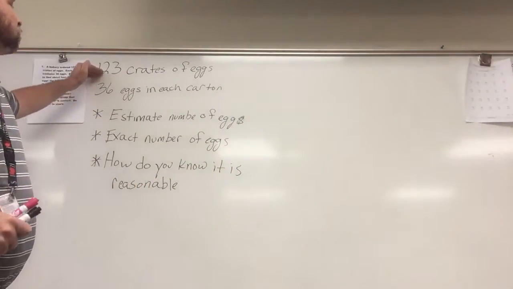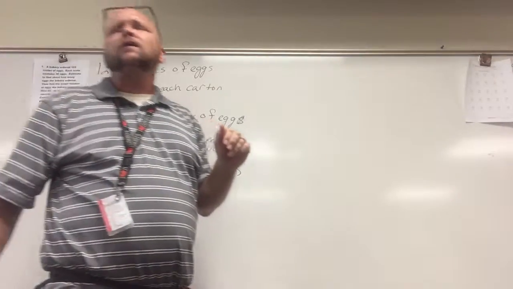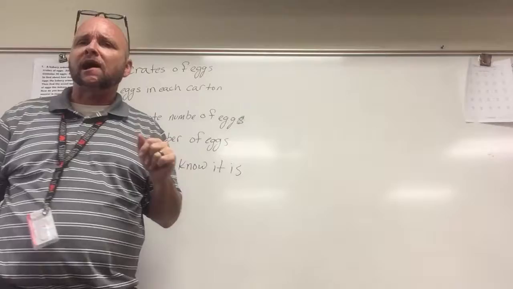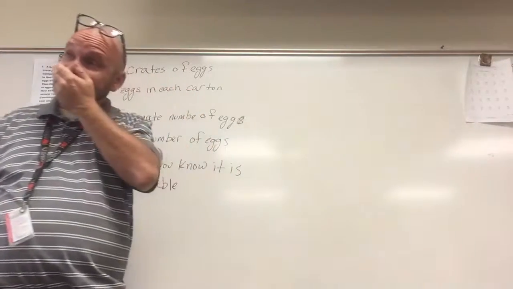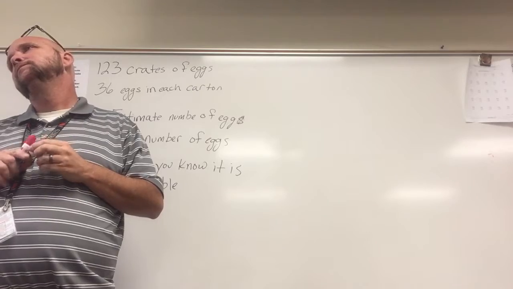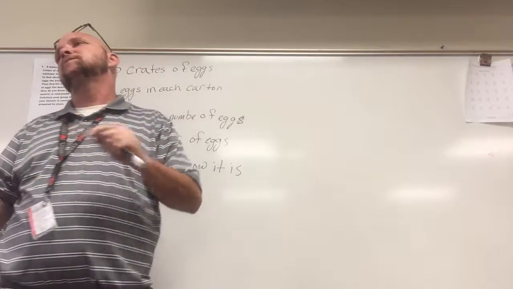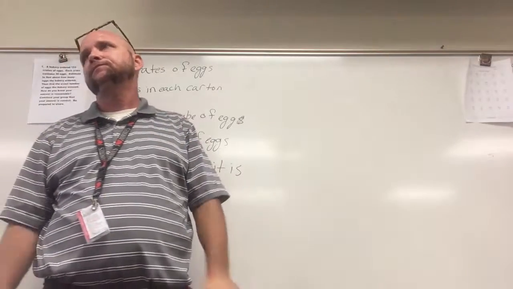So crates of eggs, 123, 36 eggs in each carton. Oh, David, can you tell me how you estimated the number of eggs? First, I got 3,078. That doesn't tell me how you estimated. What did you do to estimate?